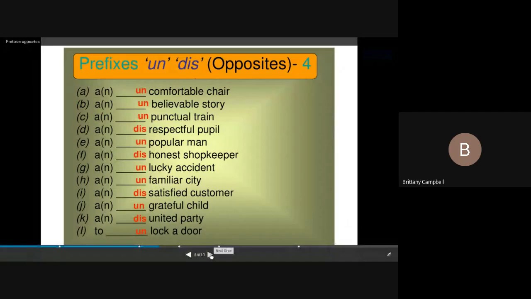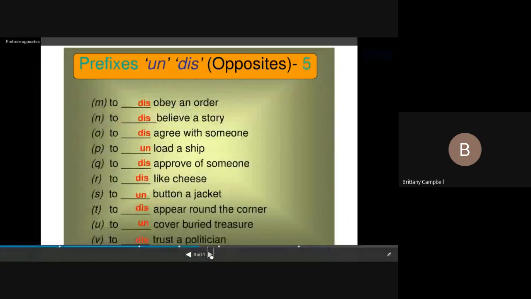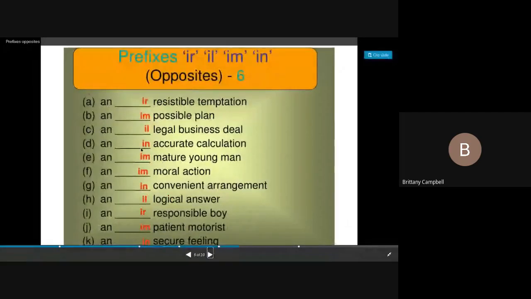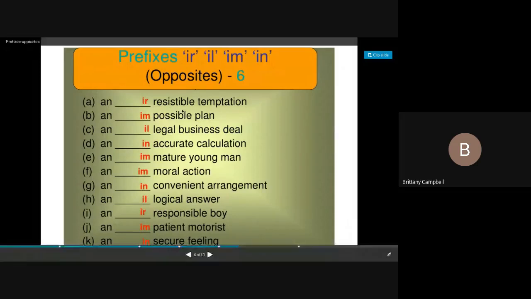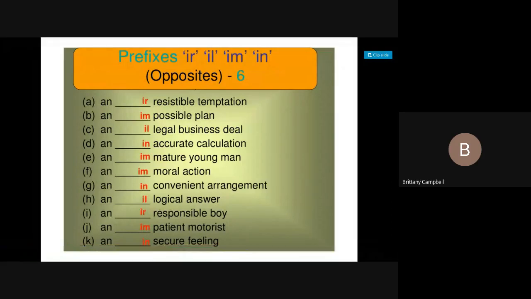Another example, looking at him, right? And also in. So let's go. What it says, impossible plan. Now, if you have an impossible plan, what is it saying to us? It is not possible. So you see what I'm saying? When we use all these prefixes, the im and the in and the dis and the un, we're making reference to negative prefixes because it means not.